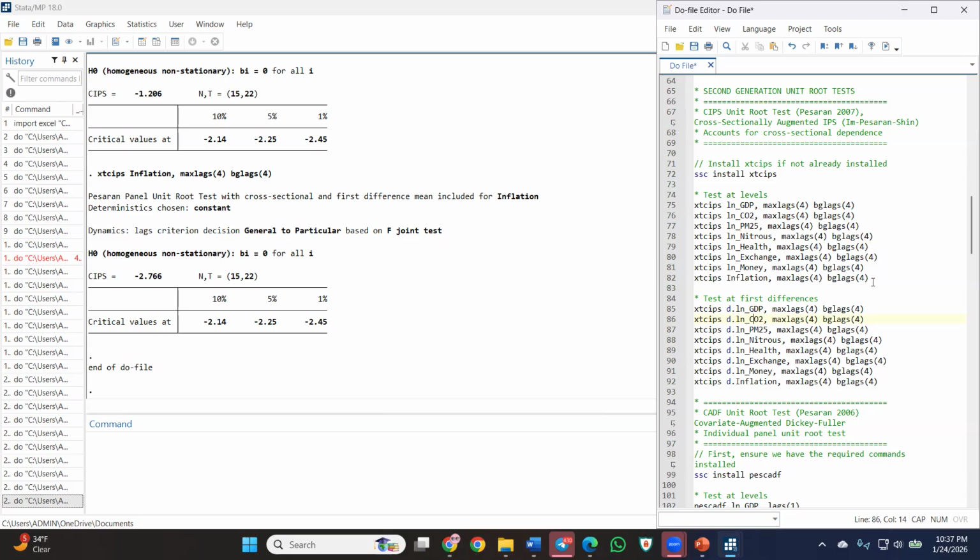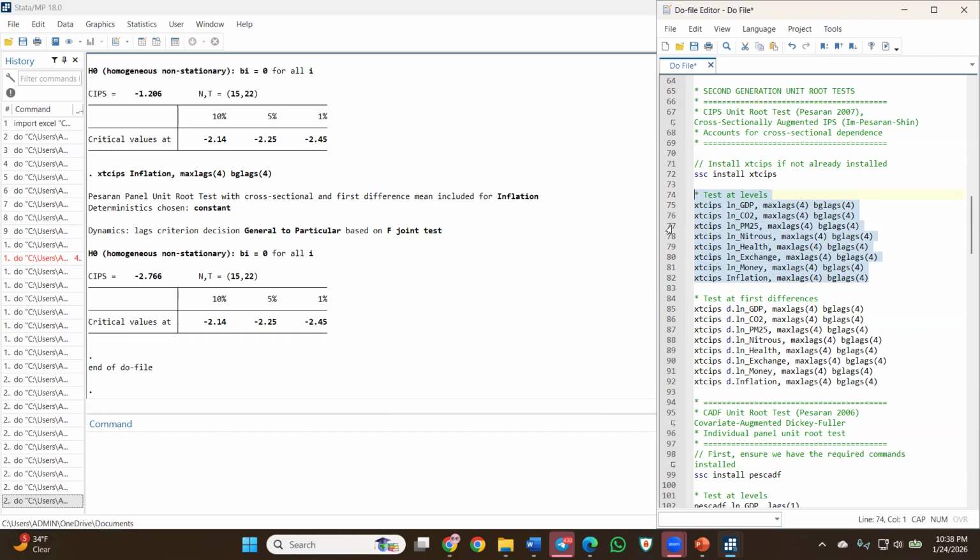Please, if you test at level and all the variables are stationary, there's no need to do the first difference. But if you test at levels and you have mixed stationarity, where some are stationary and some are not, then you have to do the first difference test.